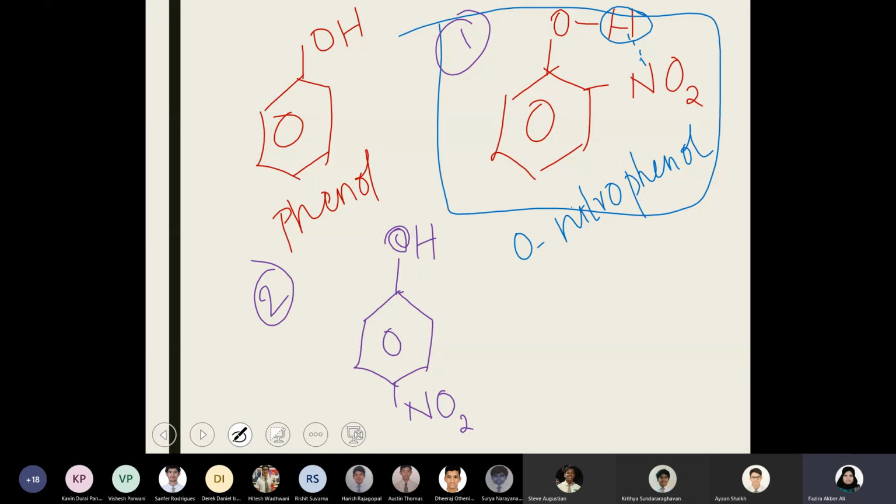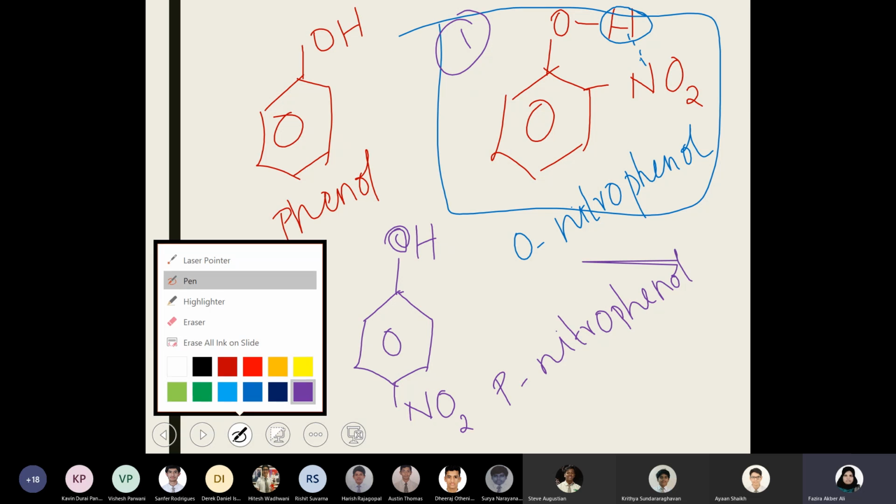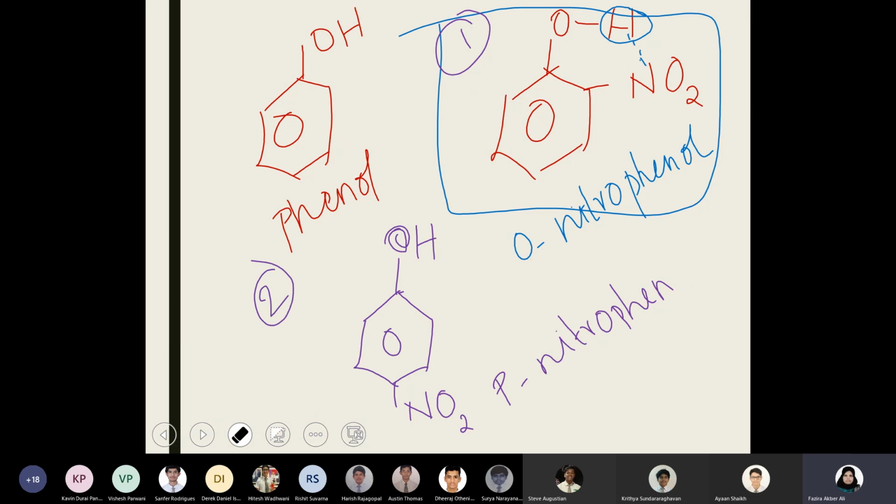That is why we mention it as ortho. Ortho means adjacent to each other, close to each other, neighboring. And para position means it is opposite. Because without explaining this, you will not understand the question. That is why I am going in detail. So para position means NO2 is opposite to the OH group.